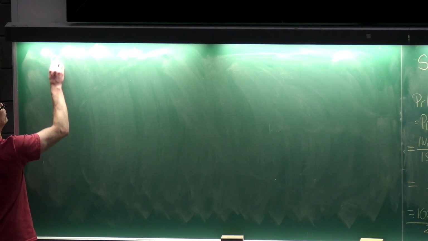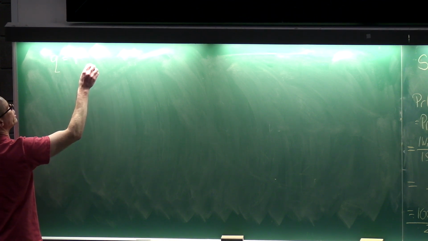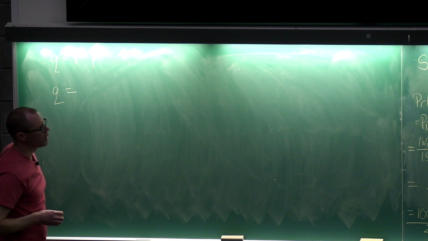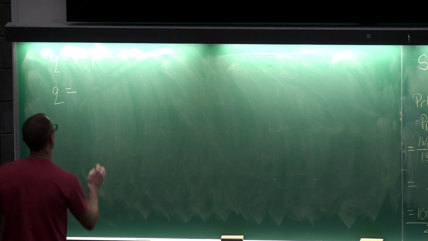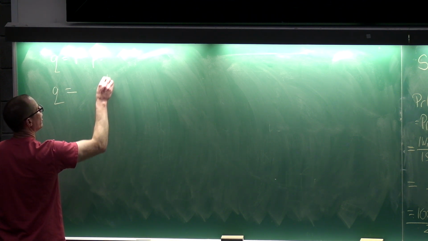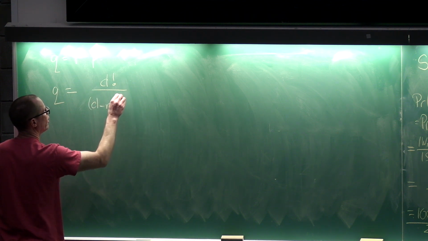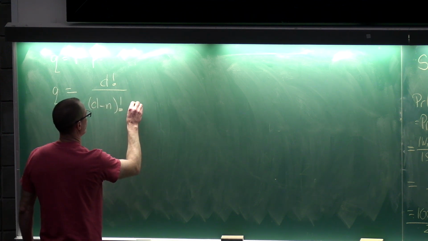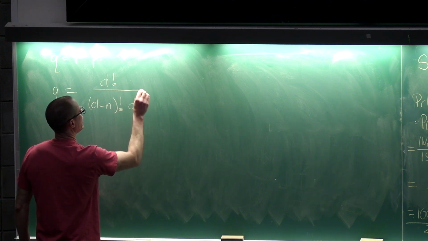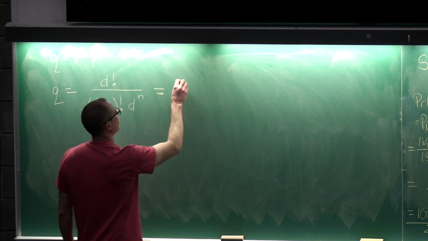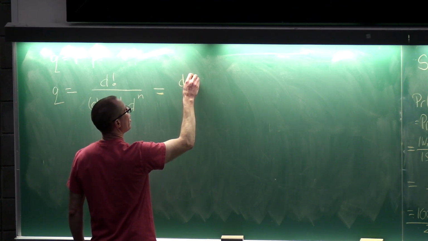And let's take Q to be 1 minus P, which means Q is equal to D factorial over D minus N factorial over D to the N. And we'll write that out longhand because it's simpler that way.